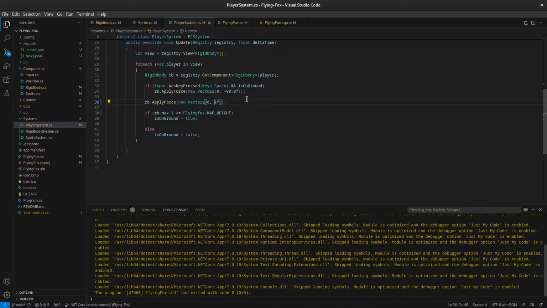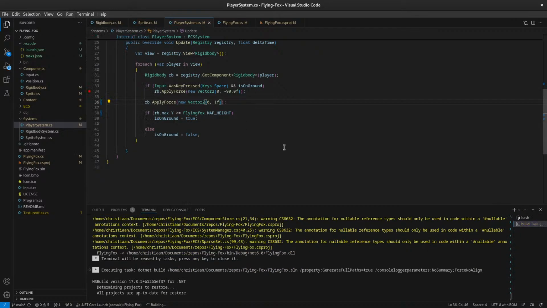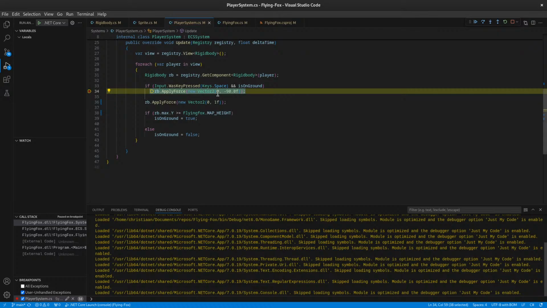But now, next problem. You can see this guy is not actually jumping. Why is that? Let's debug this. Breakpoint, start debugging. Now, when you hit space, this is activated. Okay, adding a force.